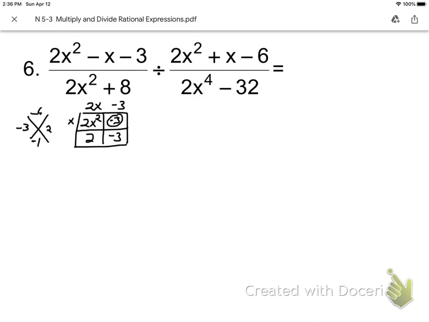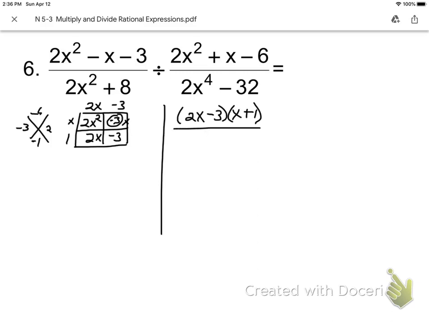If I put a 1 here, 2x times 1 is 2x. And then negative 3 times 1 is negative 3. So the factors for the first one, I'm going to draw this line here. My first numerator will factor as 2x minus 3 times x plus 1.